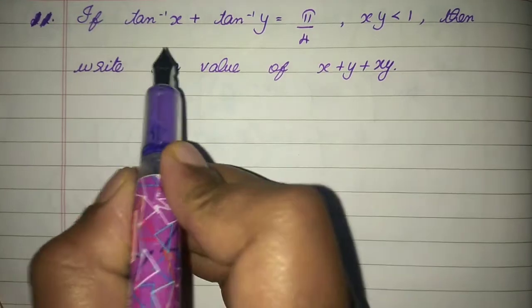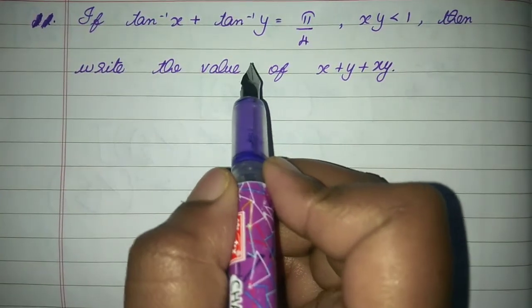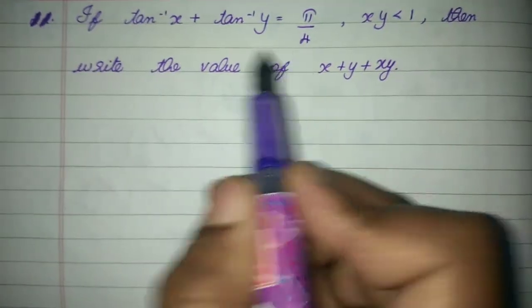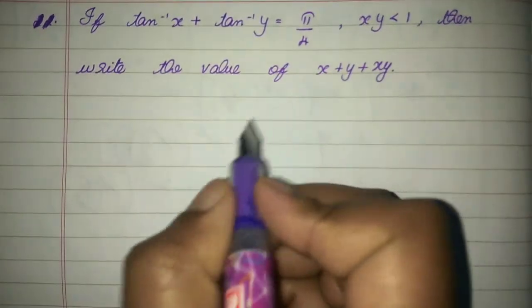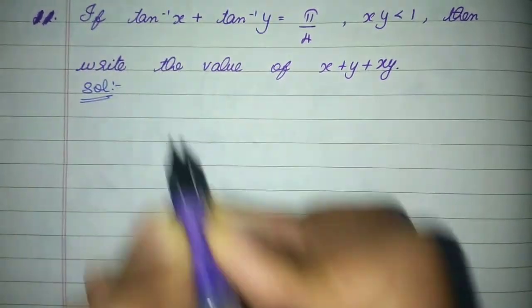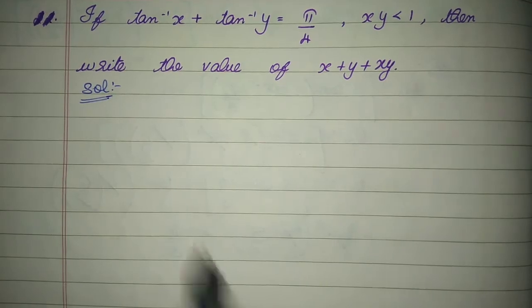Question 11. If tan inverse of x plus tan inverse of y is equal to pi by 4, where x into y is less than 1, then write the value of x plus y plus x into y. So this is also a very easy equation. Here also you need thinking only.